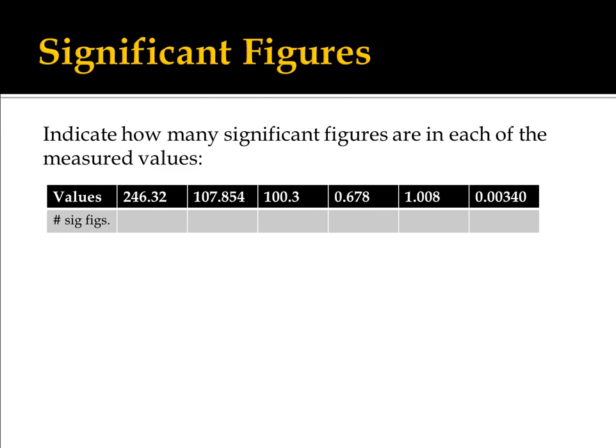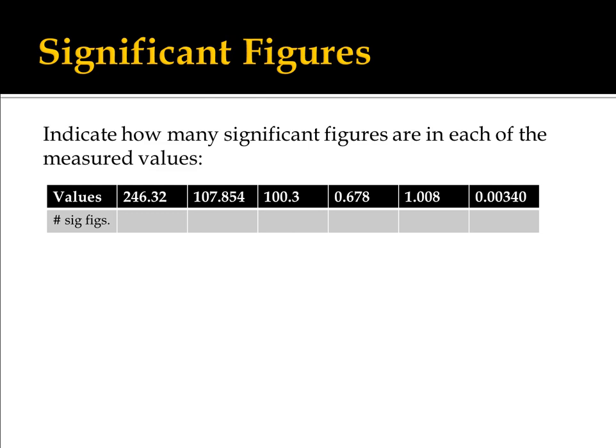In 100.3, because those zeros are between 2 non-zero digits, all those zeros are significant there, so there's 4 significant figures there. And in 0.678, that 0 in front of the decimal is not significant, so there's only 3 significant figures in that column.